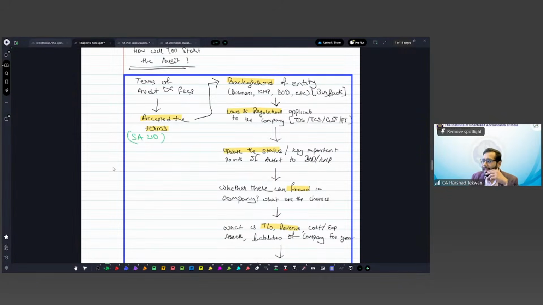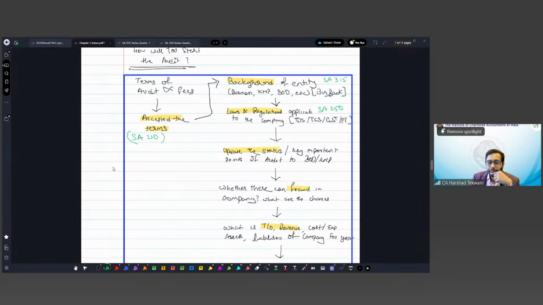What about the background of the entity? Which standard guides me there? SA 315. Absolutely correct. Laws and regulations, which standard guides me? SA 250. What is the standard which talks about communicating with the management?